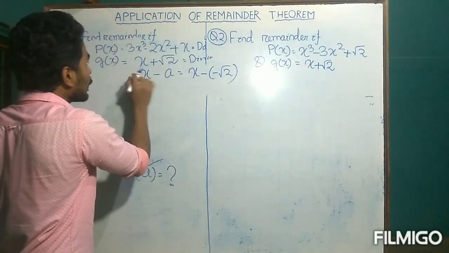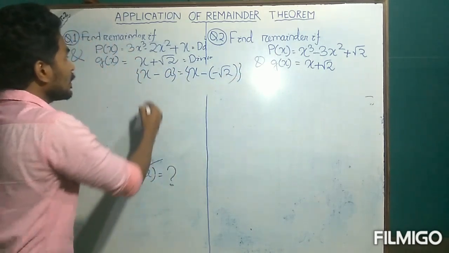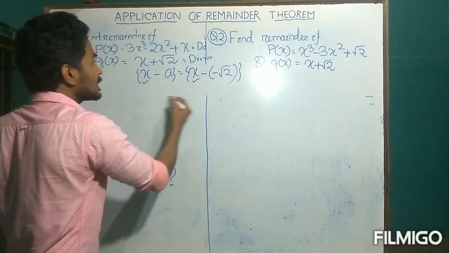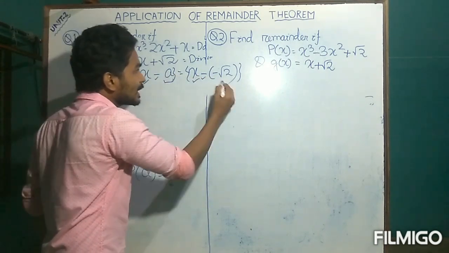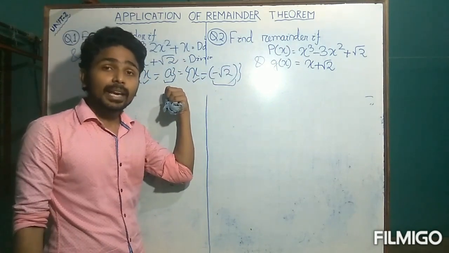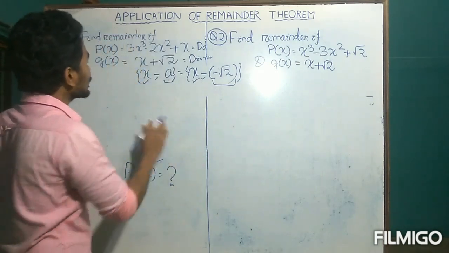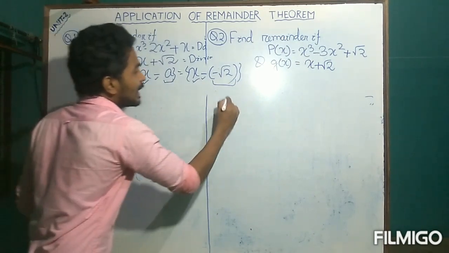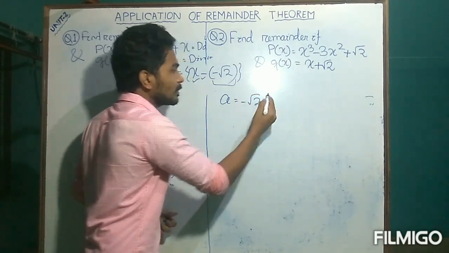Now compare the two polynomials. Here we have x, here also x, here minus a and here minus of minus root 2. That means in place of a, minus root 2 is present. Hence we get a is equal to minus root 2.